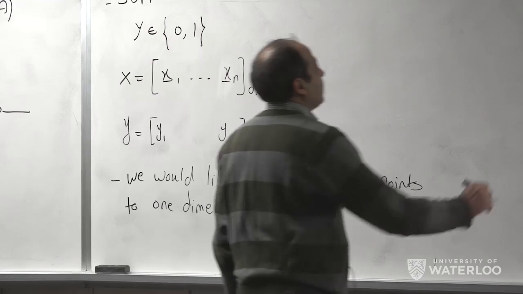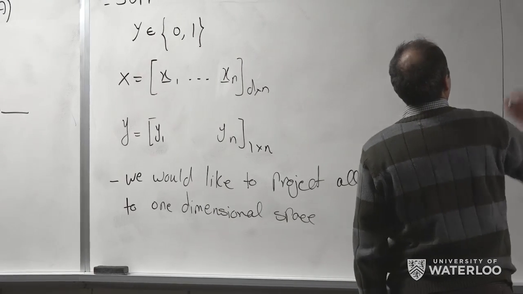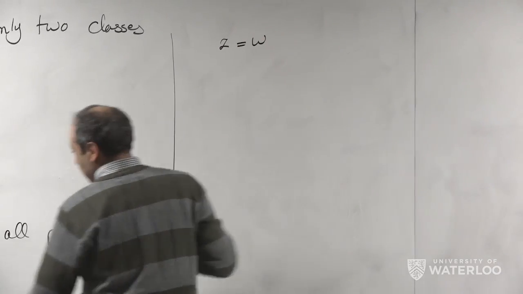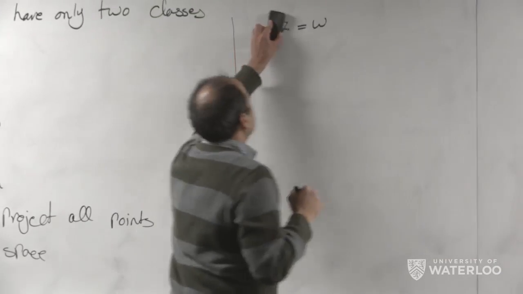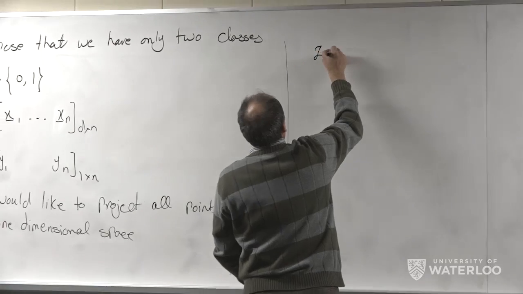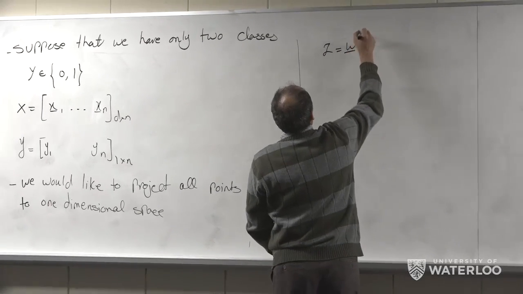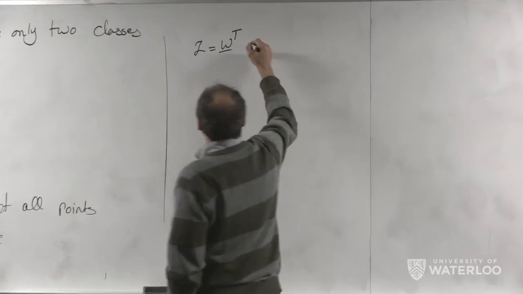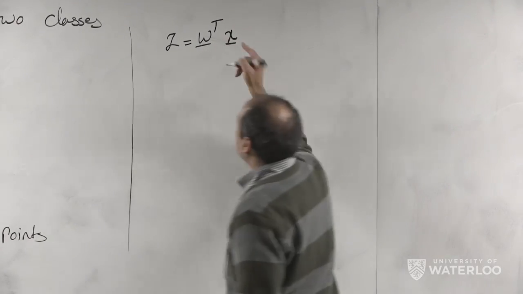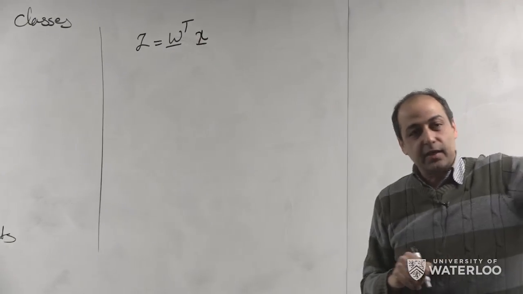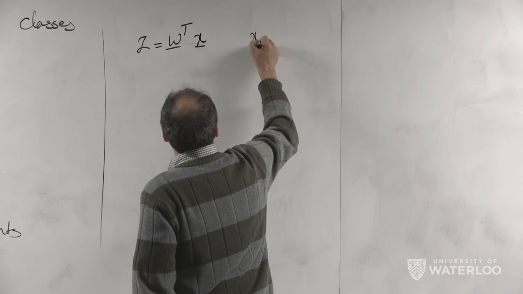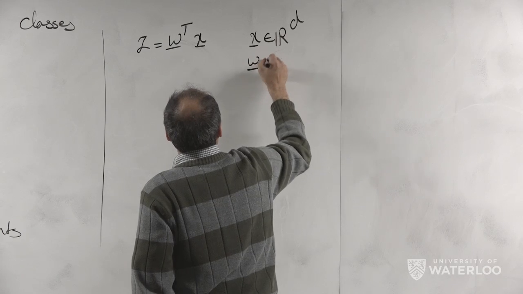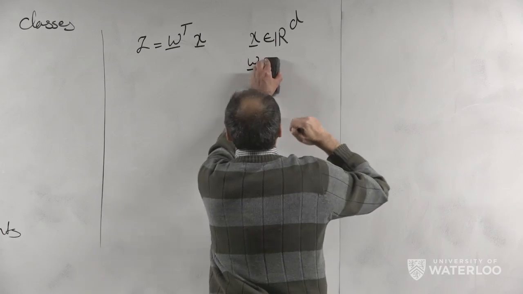So basically, I'm looking for a projection W, and W is just a vector, such that W transpose X is just a scalar. So here X is d-dimensional, and W is also a d-dimensional vector.